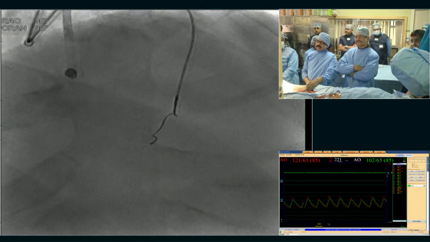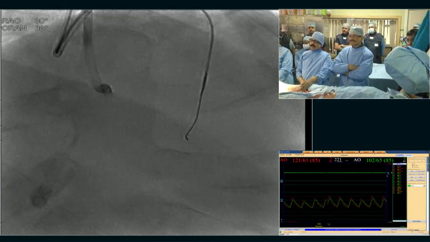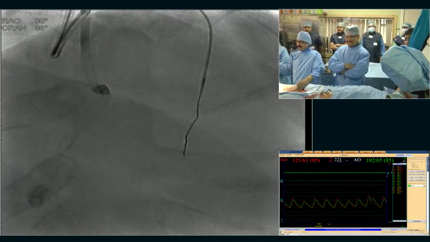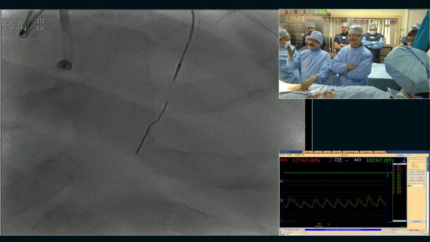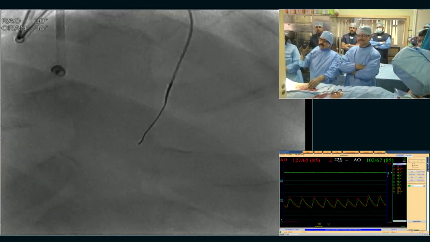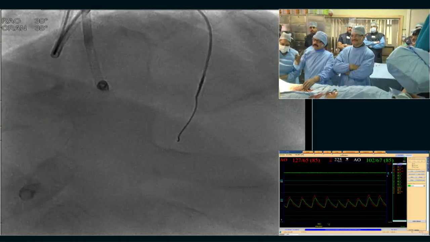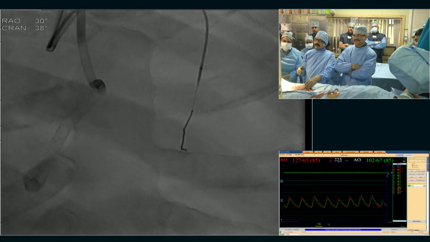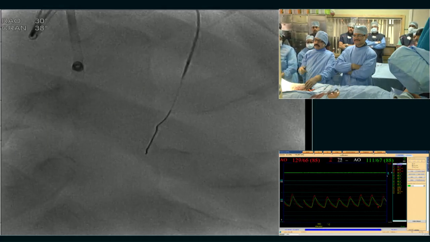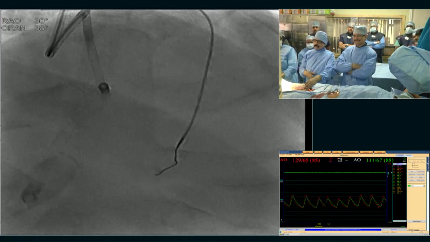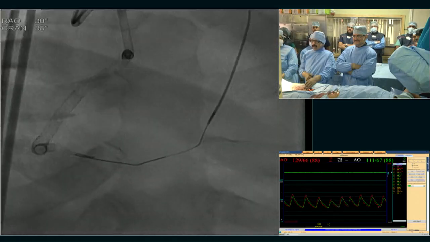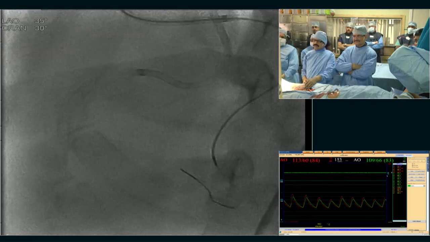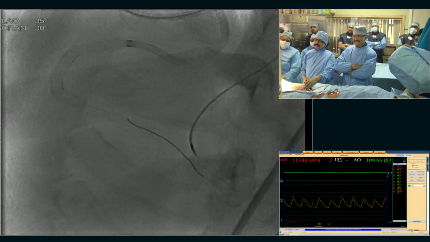Everyone will go antegrade first, but in this case, retrospectively, I will tell you what happened. This is a tortuous collateral we could cross easily with a CO wire. It is a long segment, more than 35 millimeters of occlusion with a lot of hard tissue.